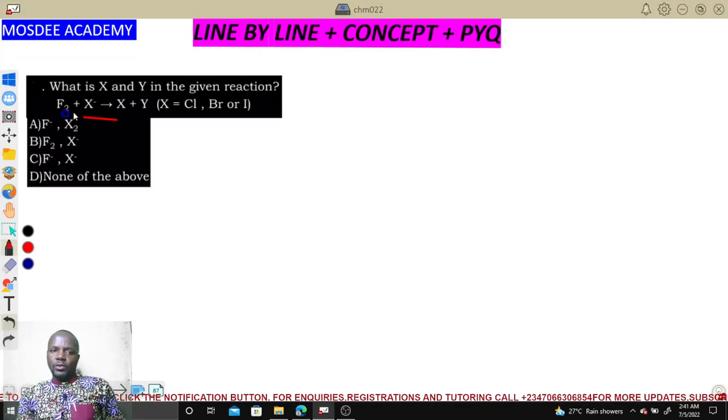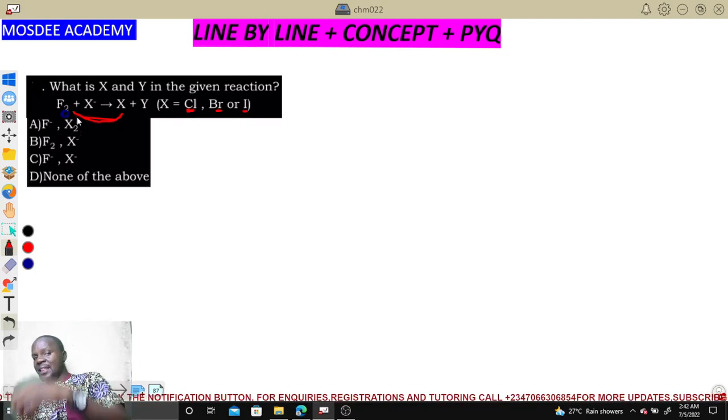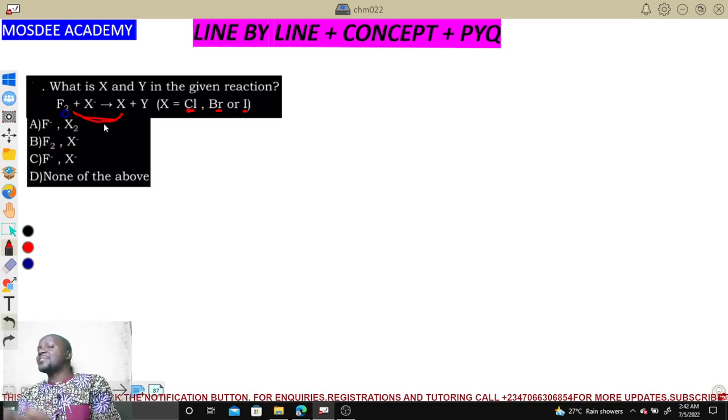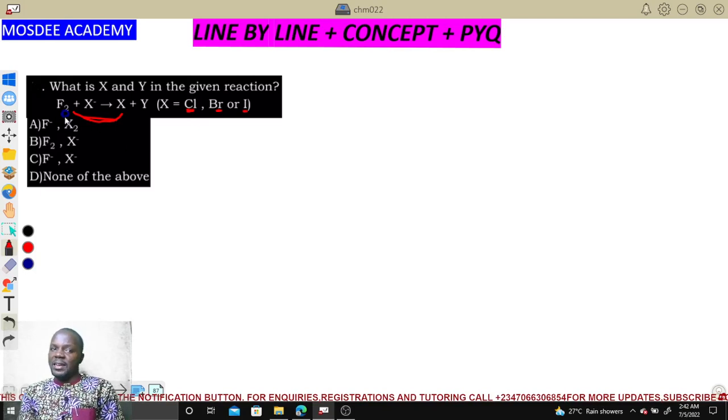Now, as I was saying, what happened here, because you can see X is chlorine, bromine, and iodine, which fluorine is going to oxidize. You understand? Fluorine will oxidize any member that has higher atomic number, just like displacement, it will displace it. So it's 0 to -1. So this X will be F minus. I hope you are getting it.